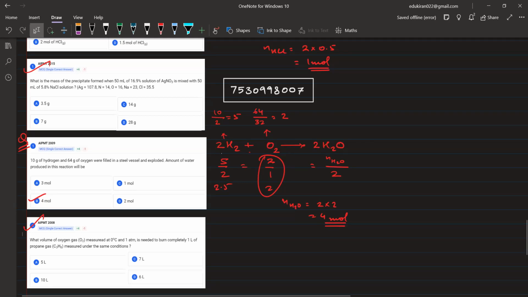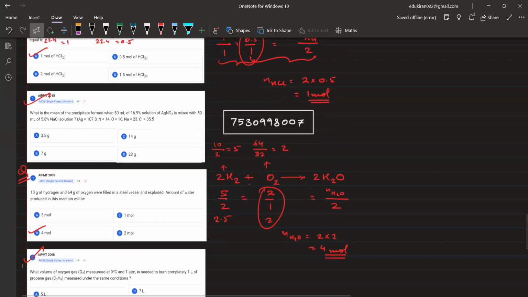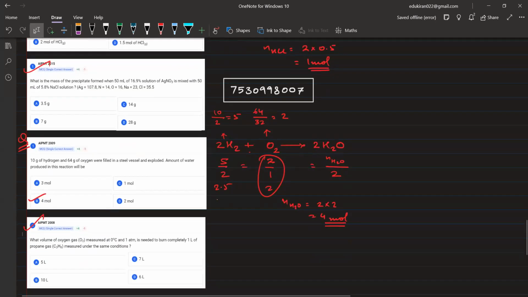I hope you have taken the screenshot. Okay, so we have completed mole concept and we have given you some questions. So please try कीजिएगा. If you could not do those questions, please let me know. In the next class, I will discuss them.